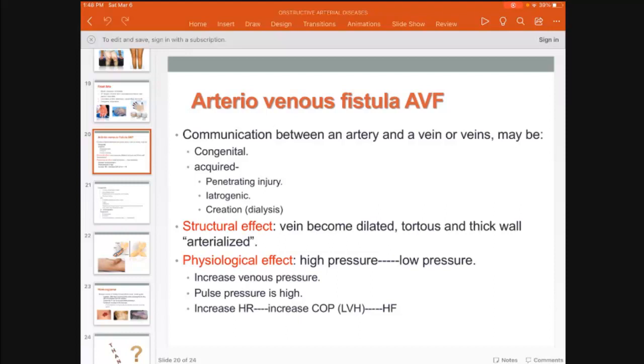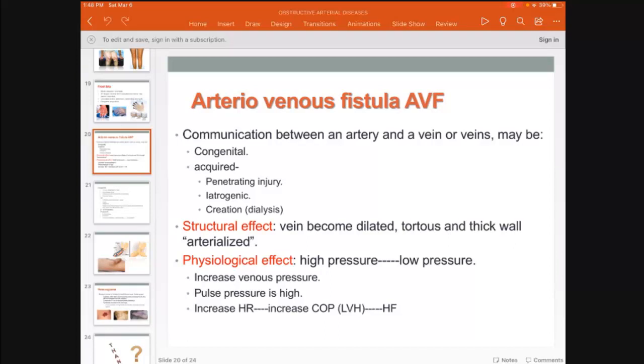It leads to dilation of this vein, which becomes tortuous with a thick wall, an arterialized vein. The physiological effect has a structural effect on the vein. Because of the short circuit of the artery, the flow returns back to the heart, leading to high pressure in the proximal and low pressure in the distal part, which may lead to distal ischemic limb, but all the blood returns back to the heart.